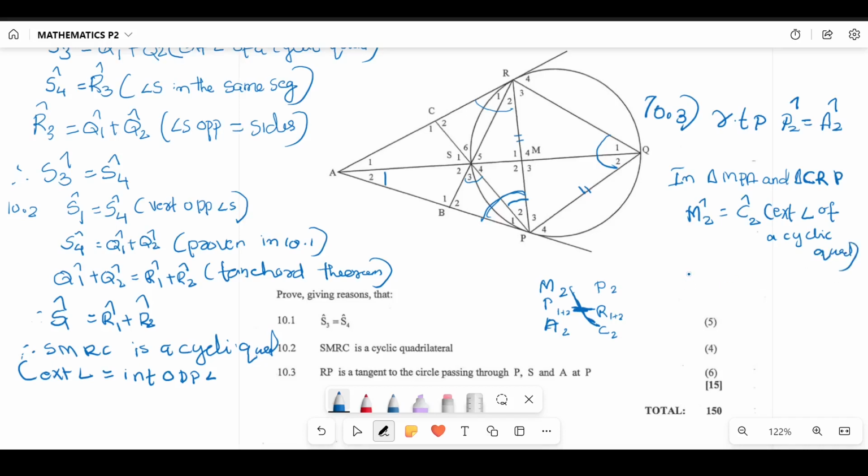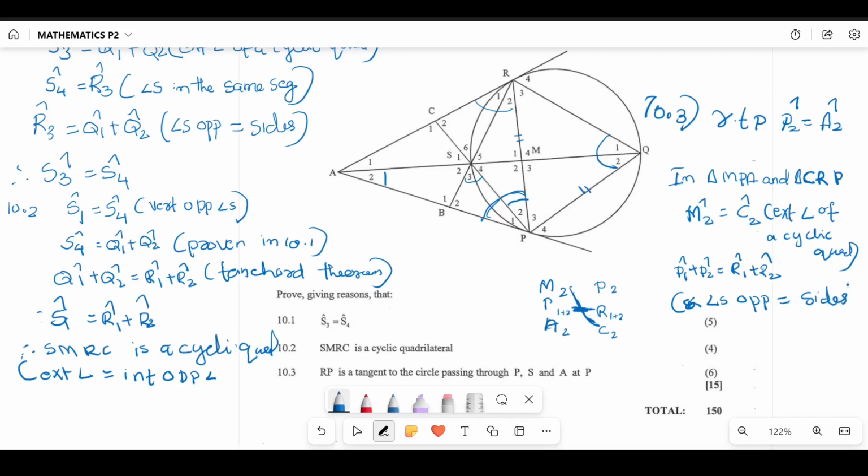Now P1 plus P2 is equal to R1 plus R2. The reason is angles opposite equal sides.